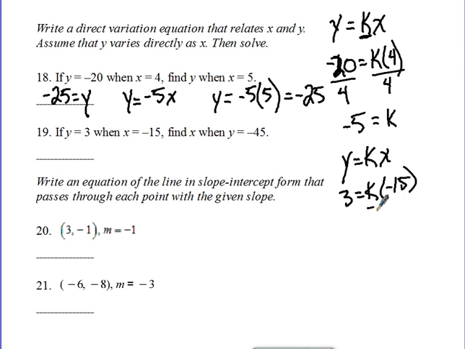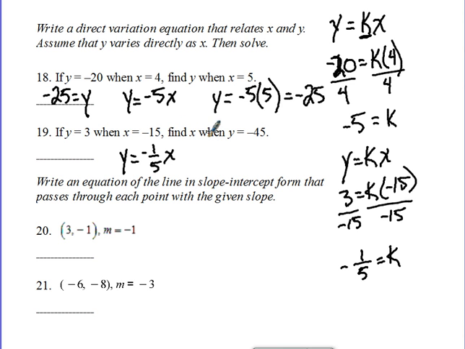Well, let's divide both sides by negative 15, solve for k, and find out what that number is. 3/15 reduced would be 1/5. So in this problem, k equals negative 1/5. So y equals negative 1/5 times x.